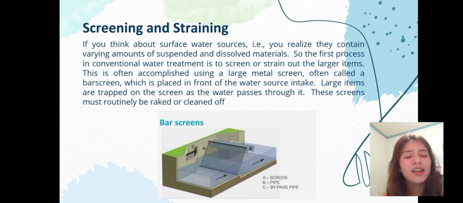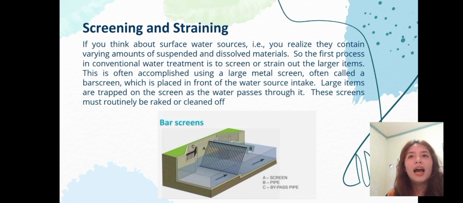There is a figure here which is the example of the bar screen. We have here some letters, A, B, C, and as you can see, the A is the screen, the B is the pipe, and the C is the bypass pipe. In the first stage we have the collection, right?